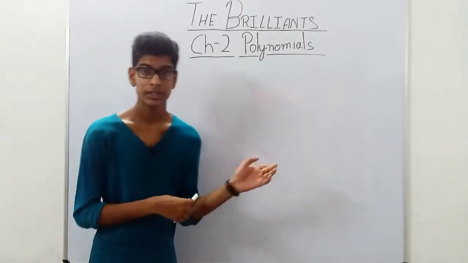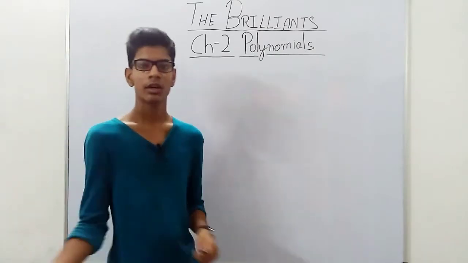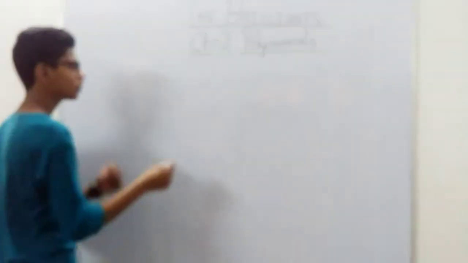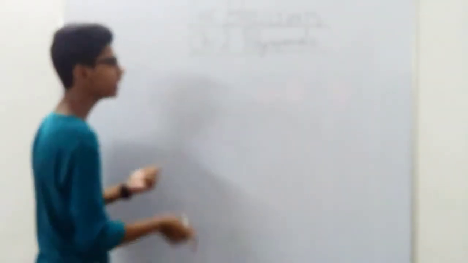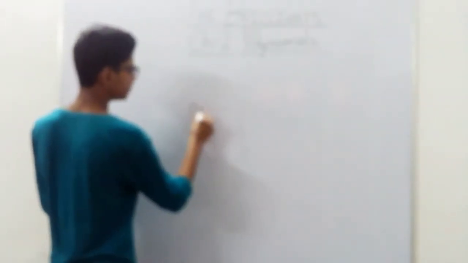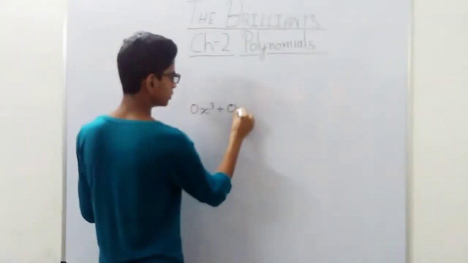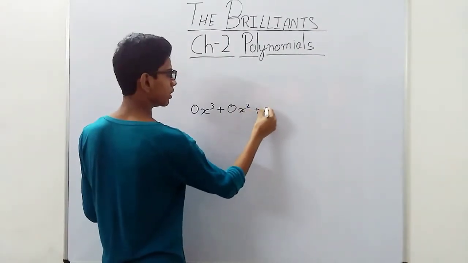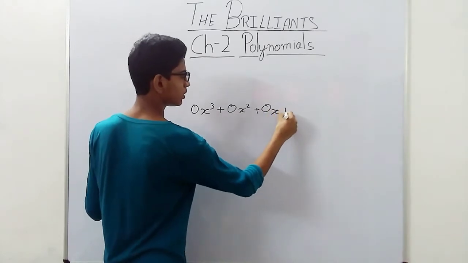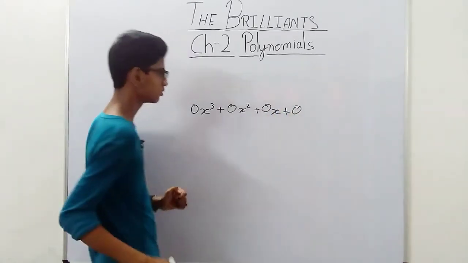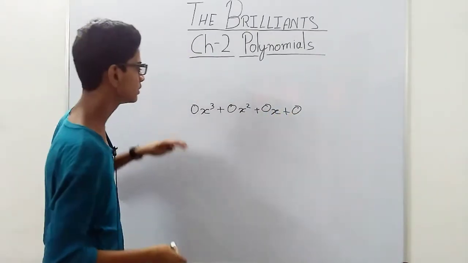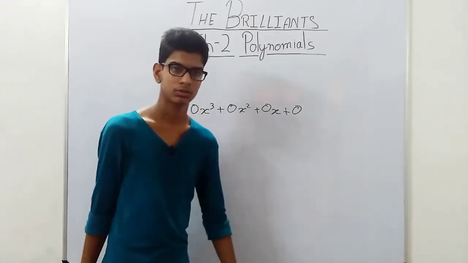Now we have studied the coefficients. What if the coefficient of every term is 0? So if it is 0x cube plus 0x square plus 0x plus 0, what will this polynomial be called?